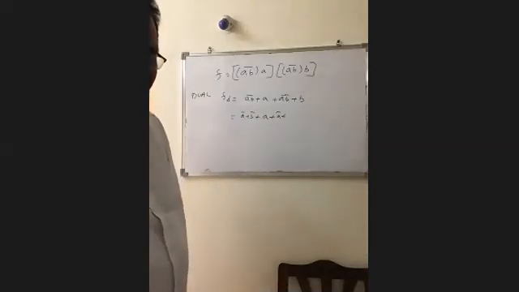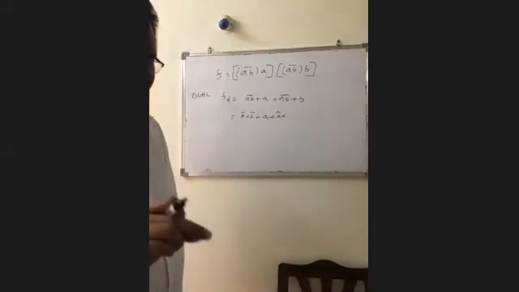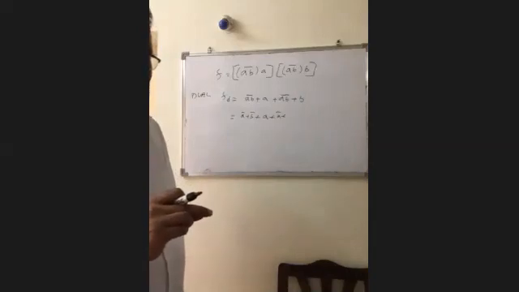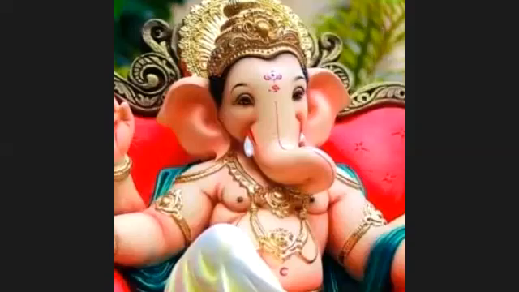According to which law? X plus X equal to X, what is the name of that law? Idempotence law. So AB bar plus AB bar equal to AB bar only.